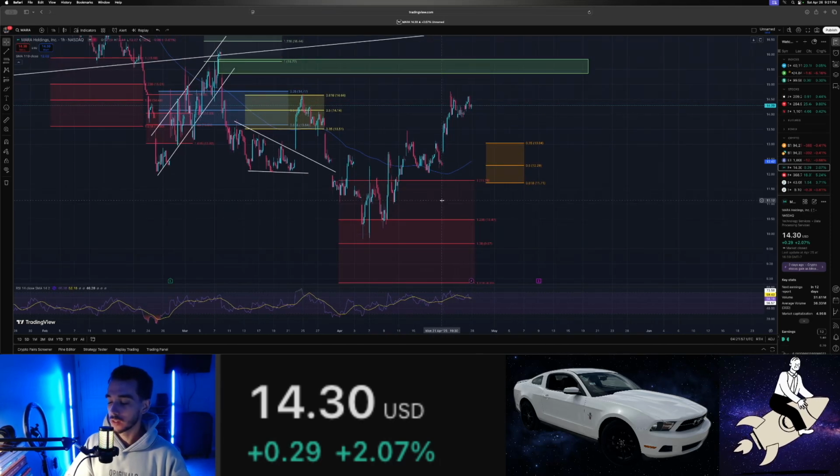So if we can revisit this red area, that'll be amazing. But this is a very important area to maybe consider longs, instead of wanting it to go even higher from here, which absolutely could short term. But we got to see a retracement in Bitcoin, which will translate to a proper retracement in Mara as well.